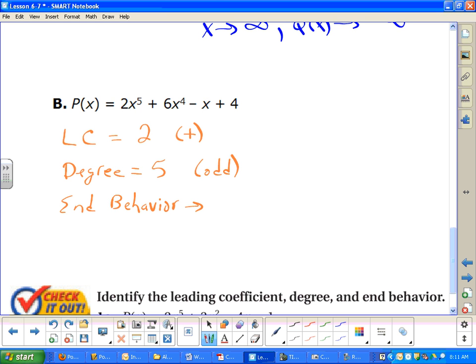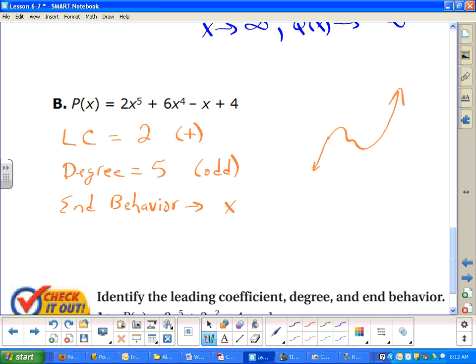So if we have a positive leading coefficient and an odd degree, that means the graph is going to start at negative infinity and end up at positive infinity. What happens in between there, we really don't care right now. All we're caring about is what happens on the ends. Okay?